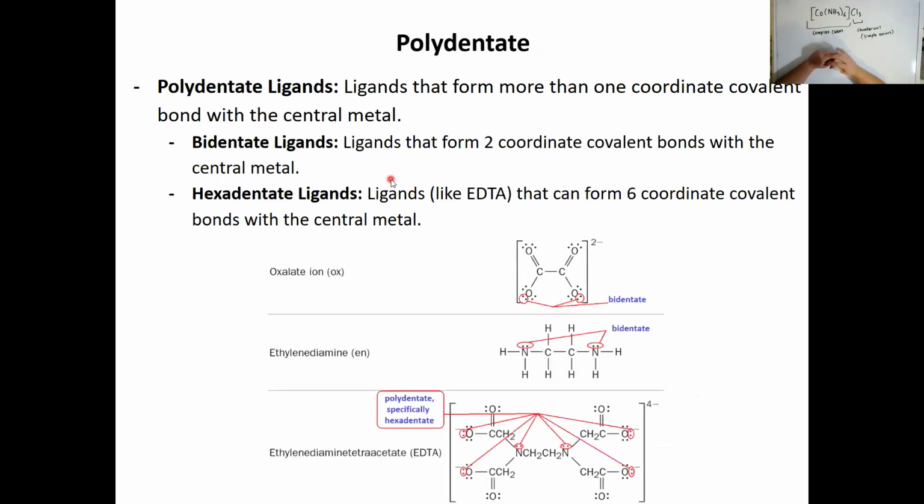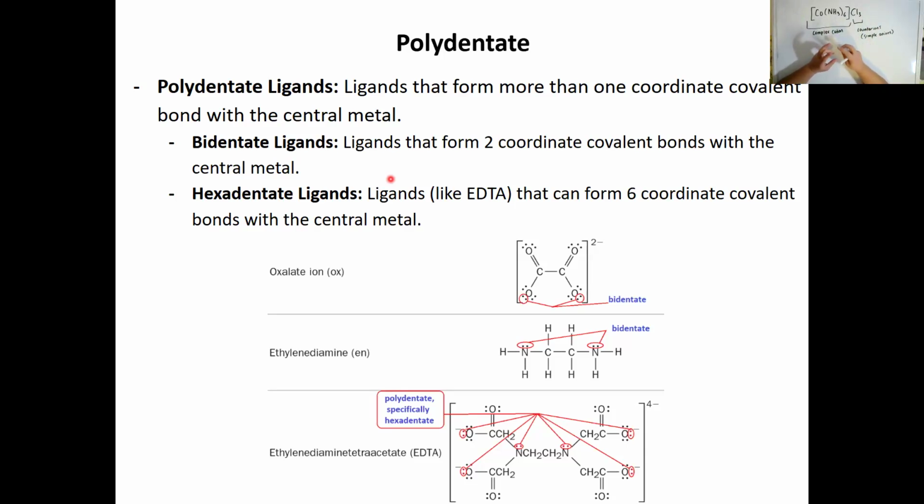The other possibilities are polydentate ligands. These are going to be ligands that are a little bit bigger. And so there's going to be more space between the lone pairs of electrons around the atoms in the ligand, and they're going to be able to bite into the central metal at more than one point.